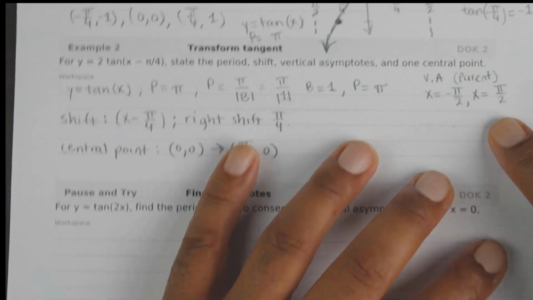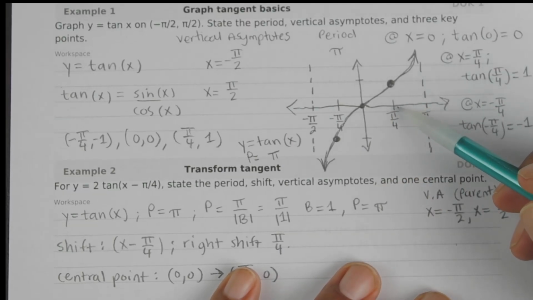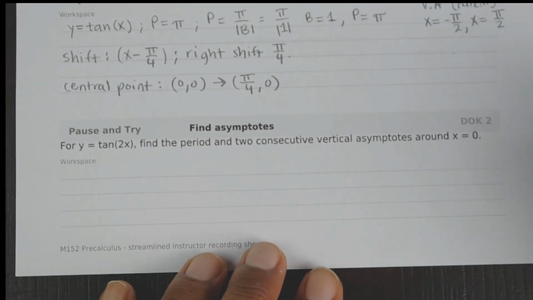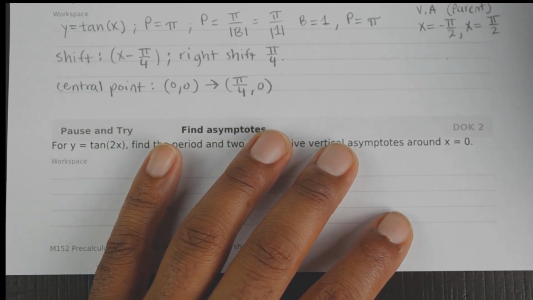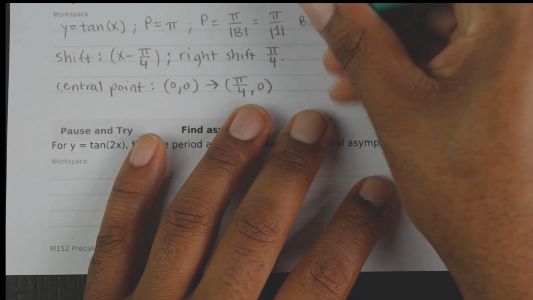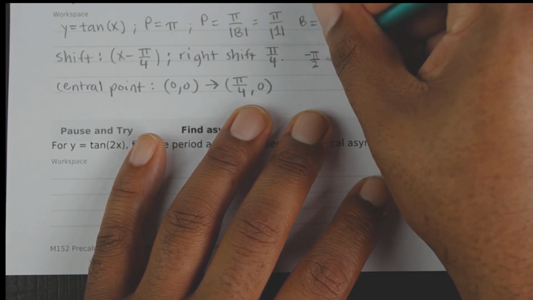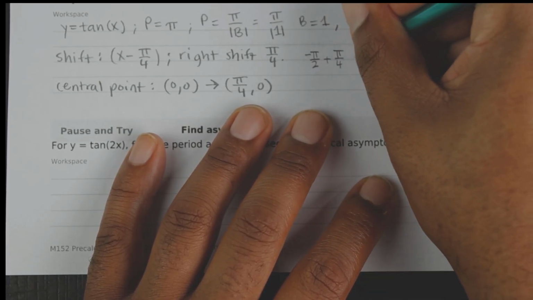So if we're shifting over, right, then the new parent location would end up here, right? With this new parent location, we can simply calculate it using algebra. That would be negative pi over 2 plus pi over 4.